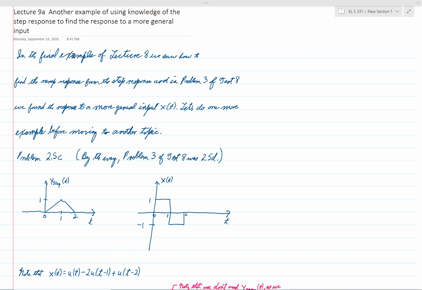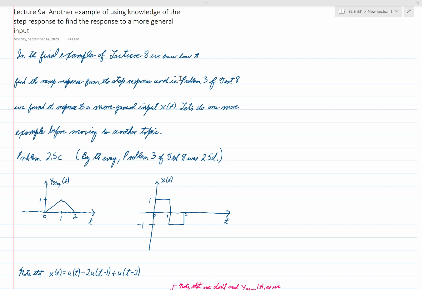Okay, so for this 9A, let me remind you that in the final example of lecture 8, we saw how to find the ramp response of a system from the step response.